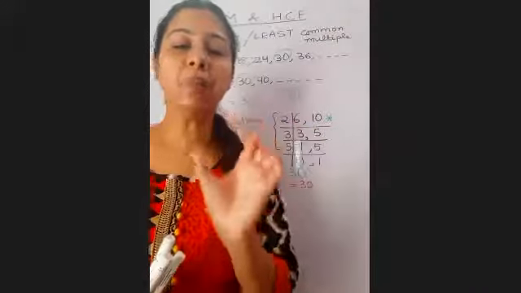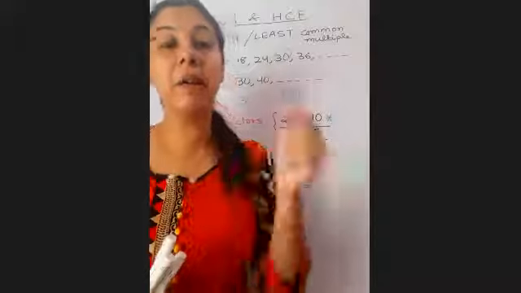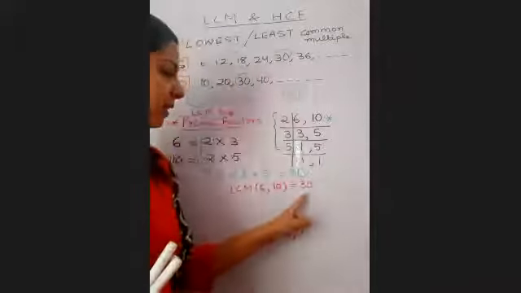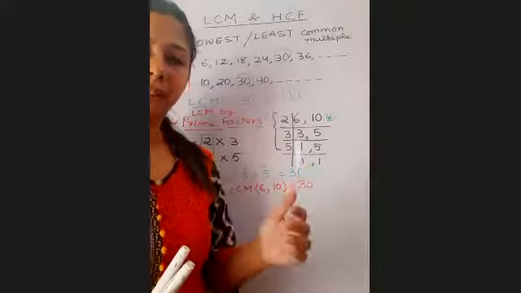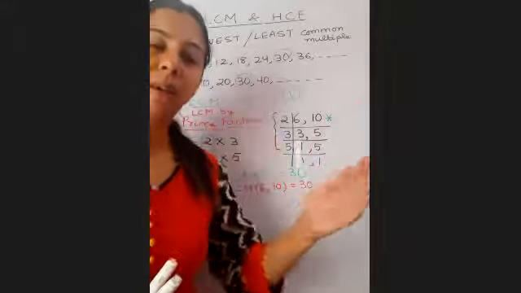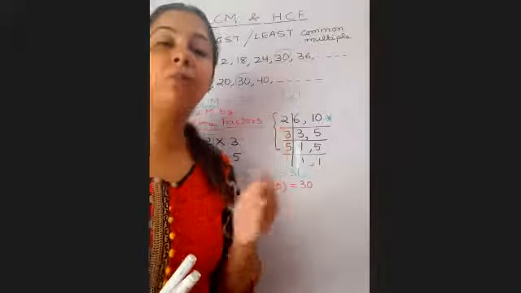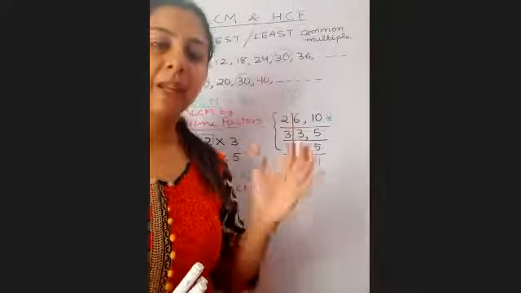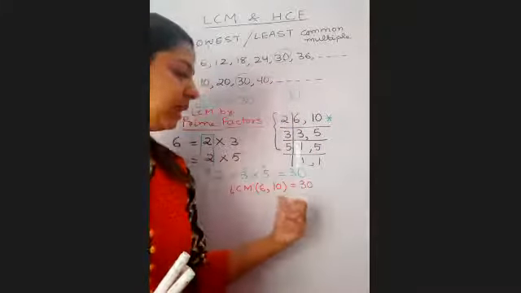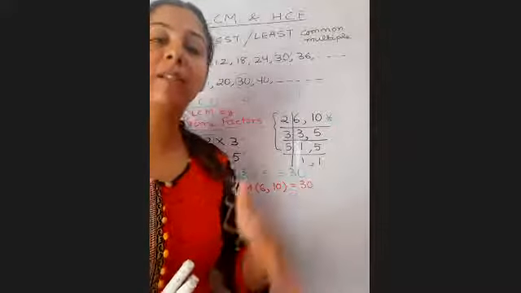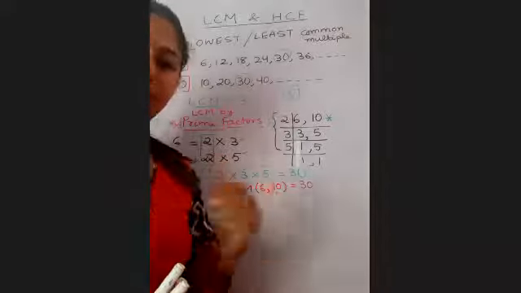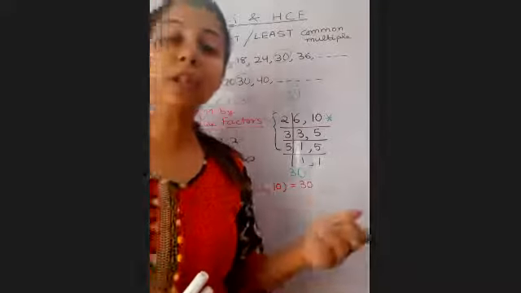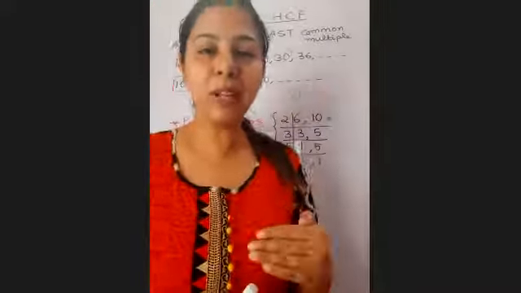So when the smallest multiple of the number is the number itself, its LCM is either going to be that number or greater than that. या तो वही number होगा या उससे बड़ा. LCM cannot be smaller than that number. LCM of any numbers cannot be smaller than the given numbers. It can be equal to the higher one as discussed, but it cannot be smaller. उससे छोटा तो नहीं हो सकता ना.